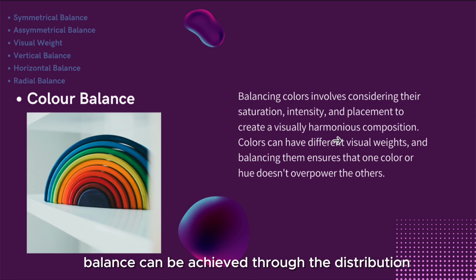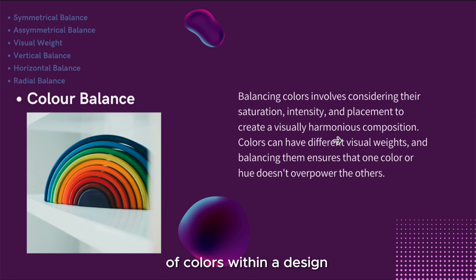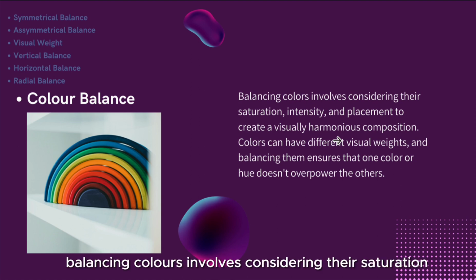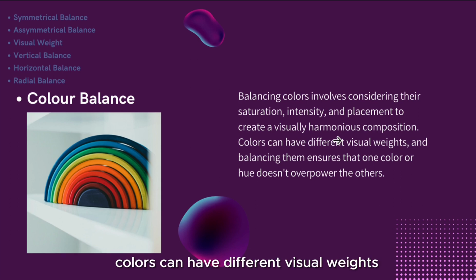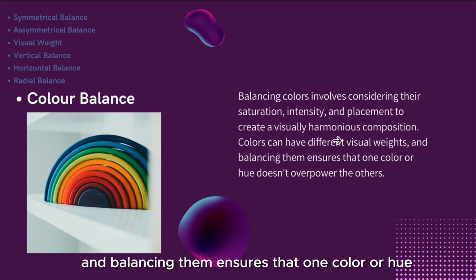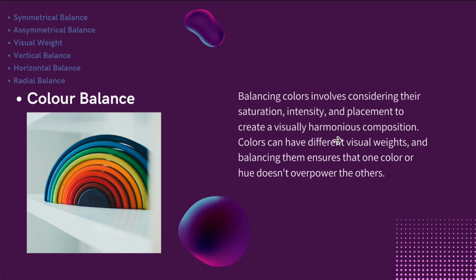Balance can be achieved through the distribution of colors within a design. Balancing colors involves considering their saturation, intensity, and placement to create a visually harmonious composition. Colors can have different visual weights, and balancing them ensures that one color or hue doesn't overpower the others.